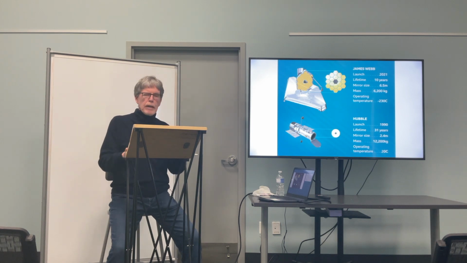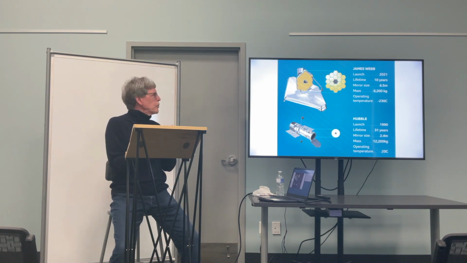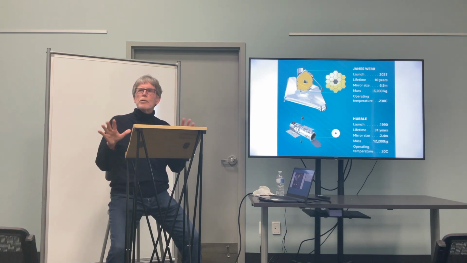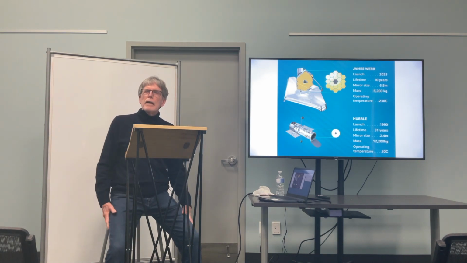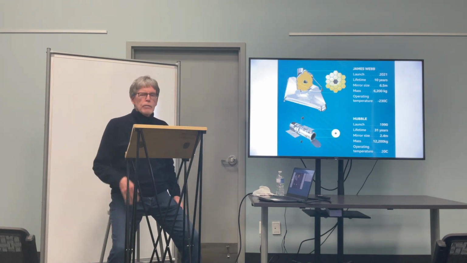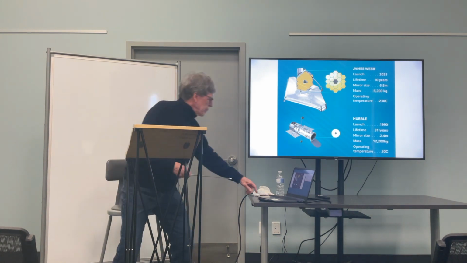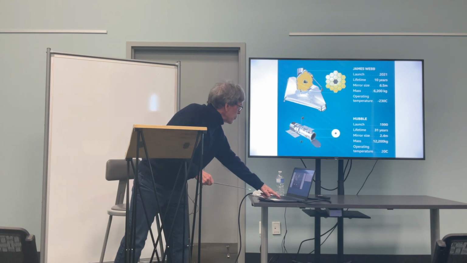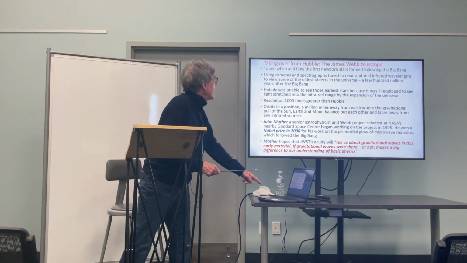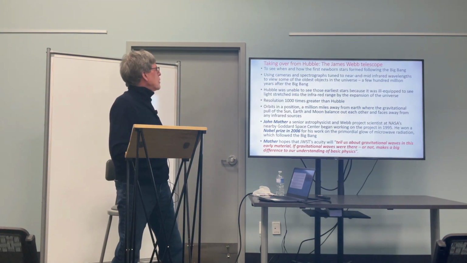It's true that in the funding for it, there was a kind of a push. The other half of the James Webb Telescope was to look for early life. But as far as science goes, that's really not where the push is. Yes, and certainly it gets a lot of time looking for exoplanets. We'll talk about that a little bit later. But so, Hubble and the James Webb Telescope. Now, I think I've already said some of this.